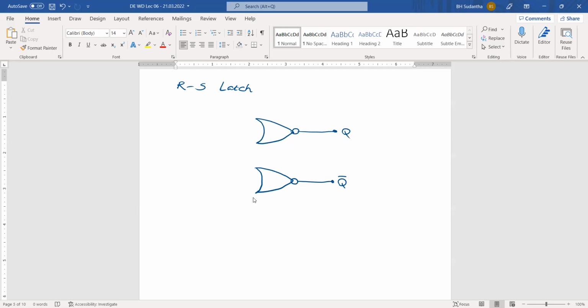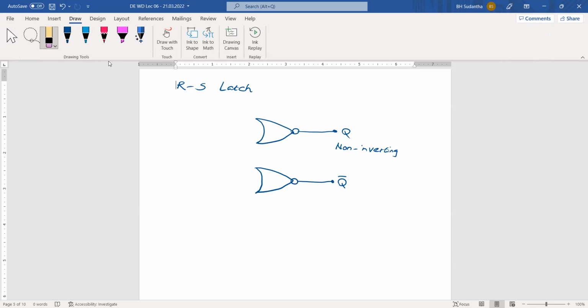It has two outputs, and this one is the complementary output.